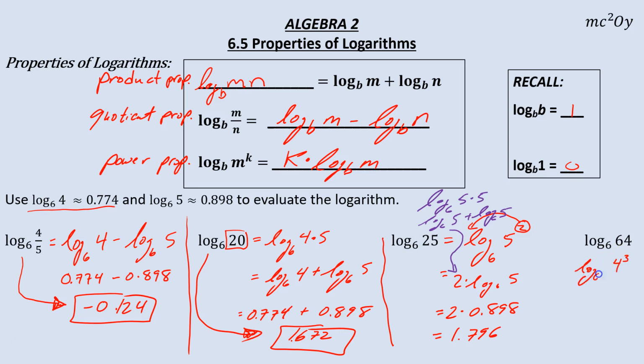So we could think of that as log base 6 of 4 cubed, which then becomes 3 log base 6 of 4 when we apply the power property. That means 3 times 0.774, that's what log base 6 of 4 is, which becomes 2.322.